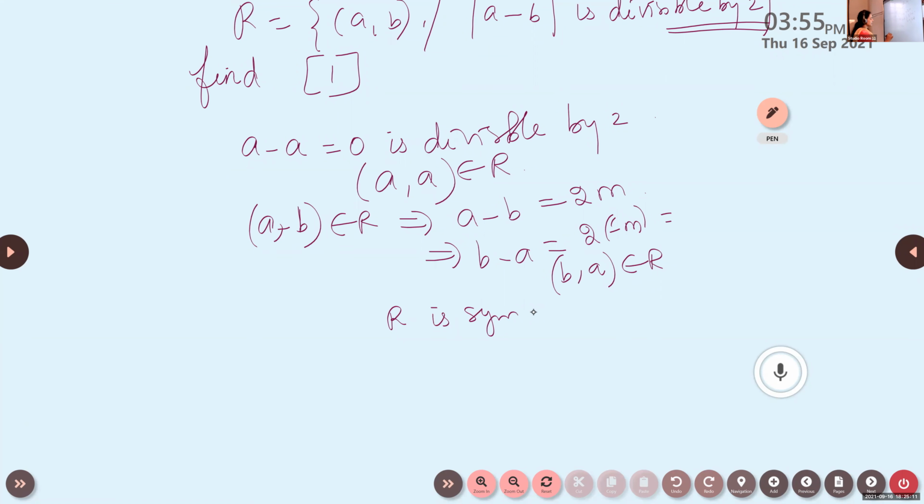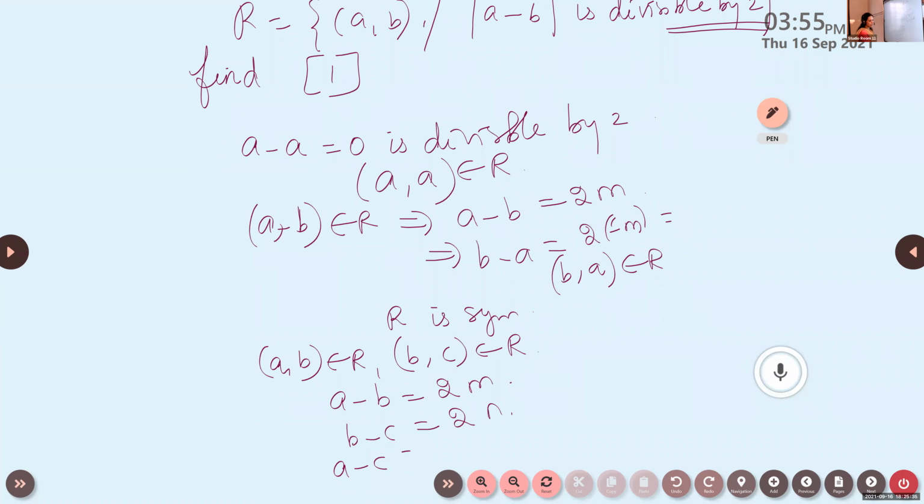Now, what about transitivity? (a, b) belongs to R, (b, c) belongs to R. You have to prove (a, c) belongs to R. (a, b) belongs to R means a minus b is a multiple of 2, isn't it? (b, c) belongs to R means b minus c is a multiple of 2. If you add these two, what happens?